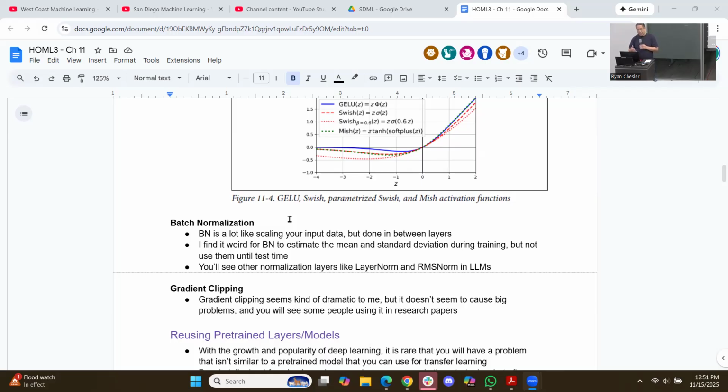But the key idea here, just like we've been talking about, is that when you initialize the weights, you're initializing them on a scale where you're expecting your inputs to be a certain magnitude, and then you want your outputs to be in a reasonable range for your activation function. Since these normalization layers all have parameters where they learn the scale that they're going to output, they can basically adapt.